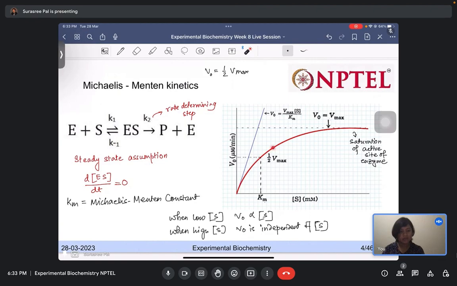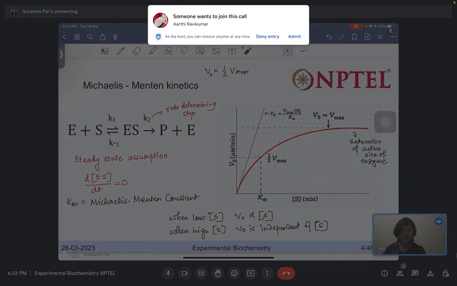This curve becomes hyperbolic. So it does not follow any linear pattern anymore. The linear part of this graph is only when there is less substrate concentration.